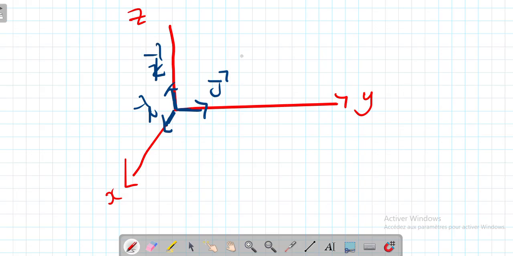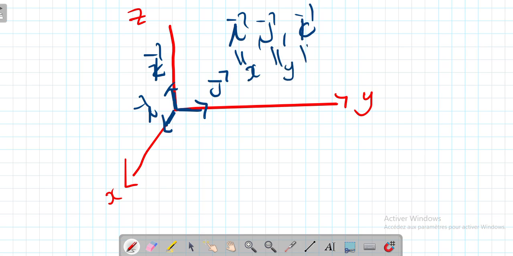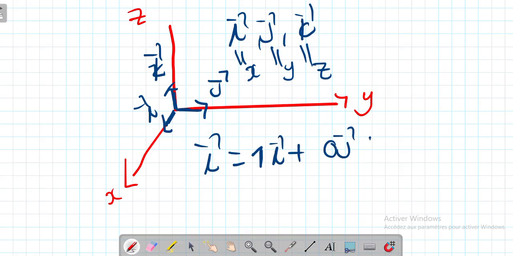So i, j, and k are unit vectors. This one in the direction of X, this one in the direction of Y, and this one in the direction of Z. Okay. So i can be written as 1, because that's the magnitude, and direction, plus everything else will be 0 if you want to decompose it into other components.